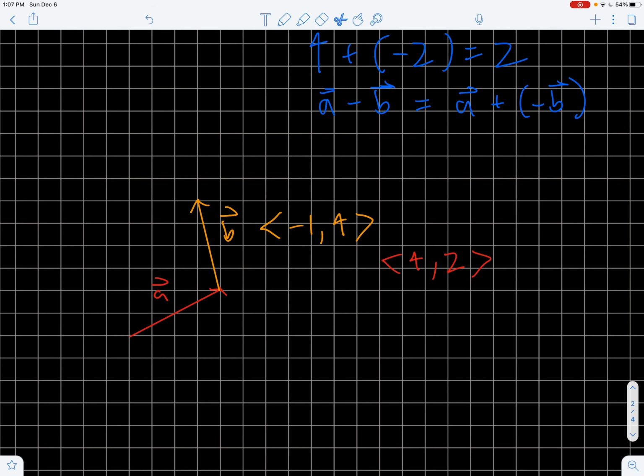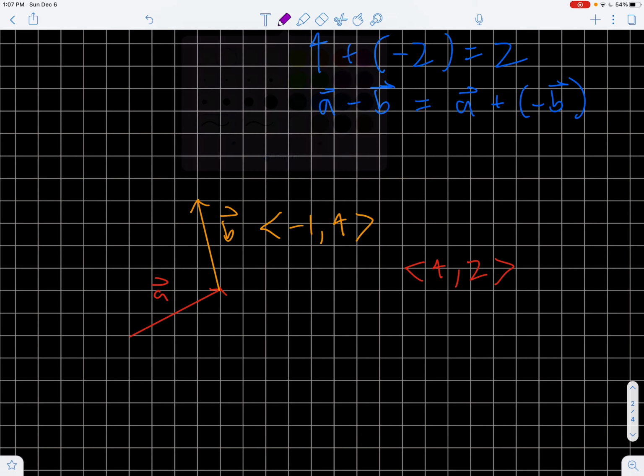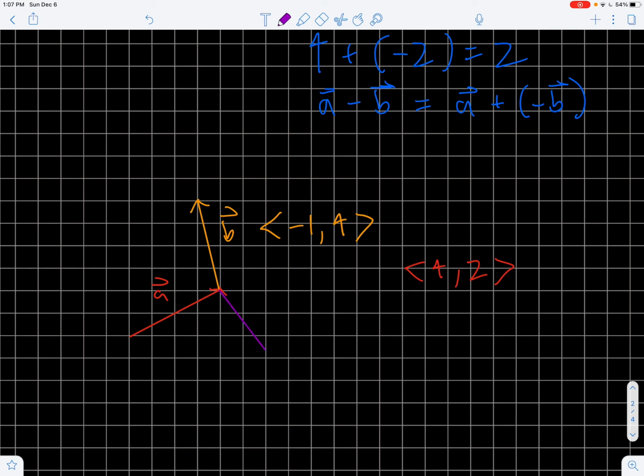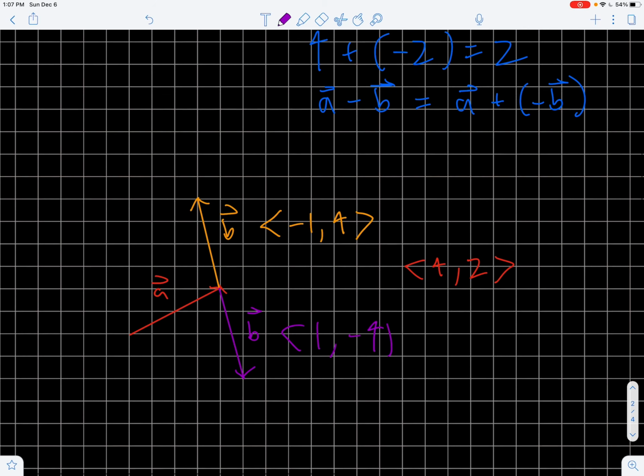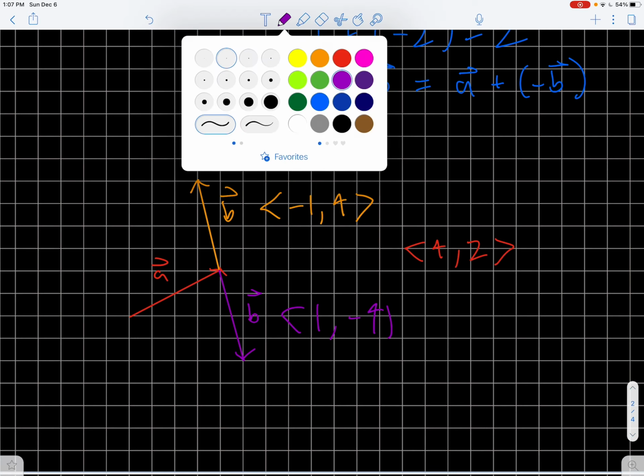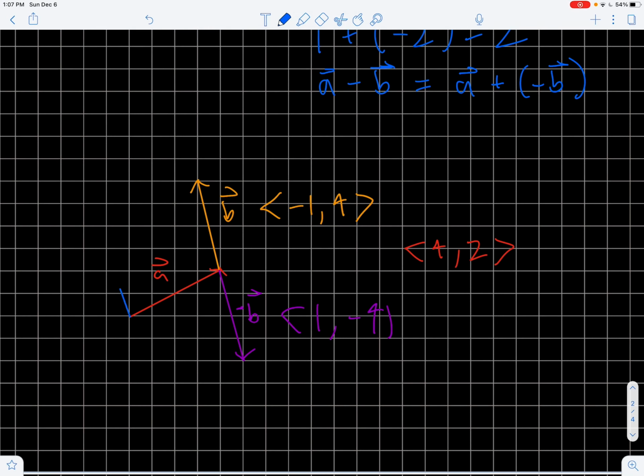So if we want to find the vector A minus B, all we got to do is find negative B, which in this case is this guy right here. 1 forward, 4 down. And then we draw our resultant vector from the tail of the first to the head of the second, just like we do with addition. Bam. All right.